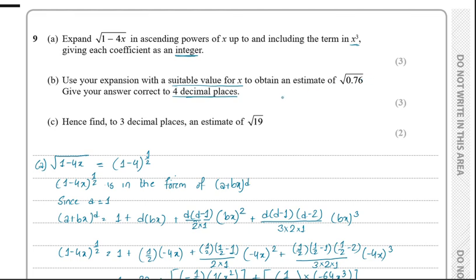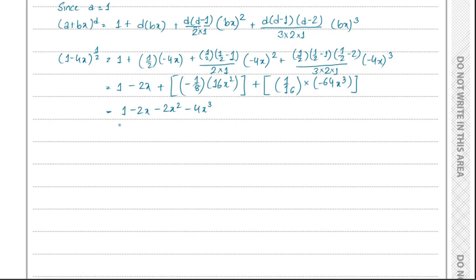You won't be getting any mark for that. So we first have to equate root over 0.76 with root over 1 minus 4x to find the value of x. Then that value of x can be used in the expansion that we just found in part A to find the value for root over 0.76.